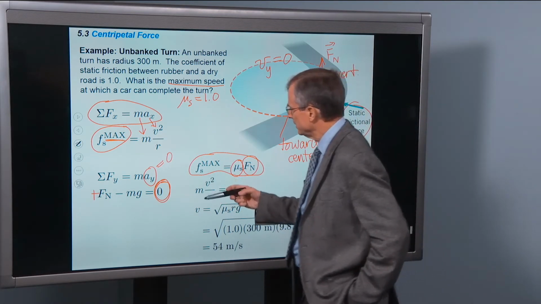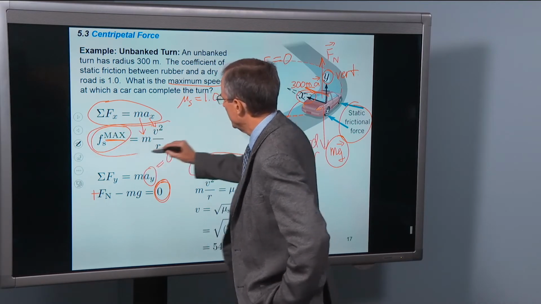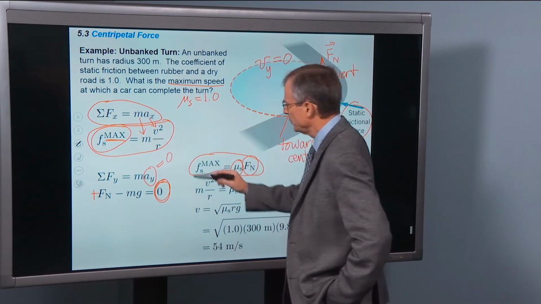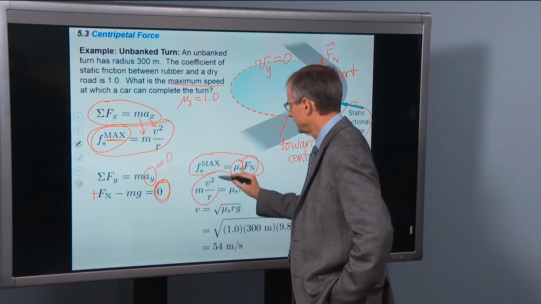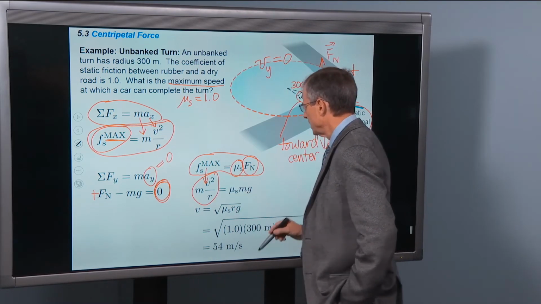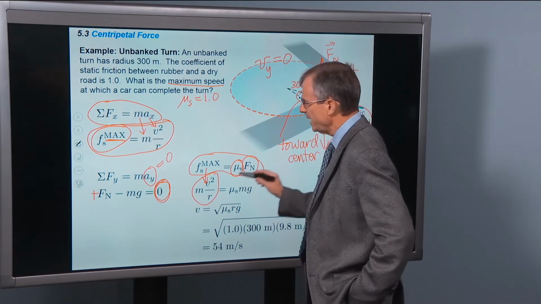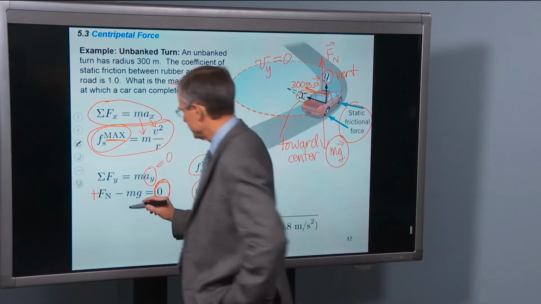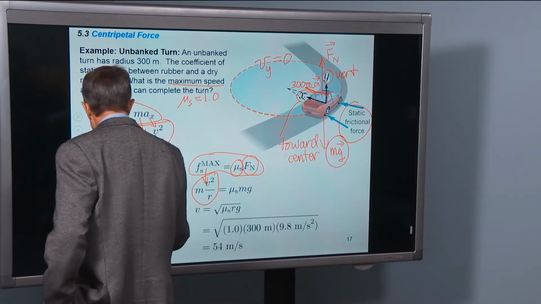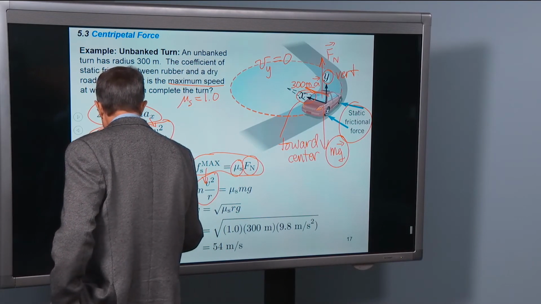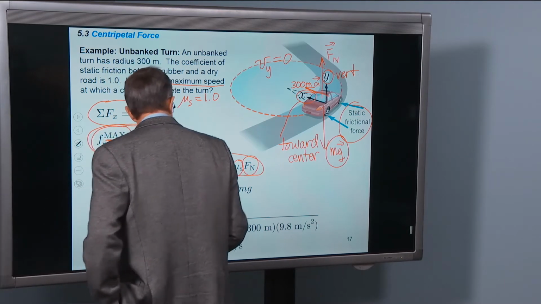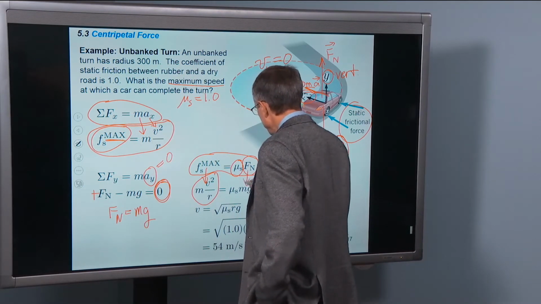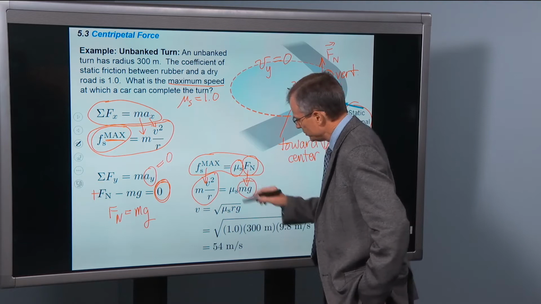Fs max we already know from this equation. So instead of Fs max, we put mv squared over r for the left side of this equation. And then we know Fn; we can solve that from this equation. Add mg to both sides, and we get Fn equals mg. We plug that in for Fn here.